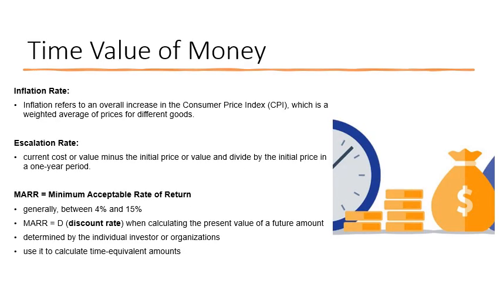In this slide, I want to define some economic metrics, including inflation rate, escalation rate, and discount rate. Inflation rate refers to an overall increase in the weighted average of prices for different goods each year.